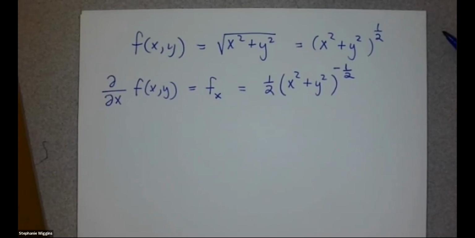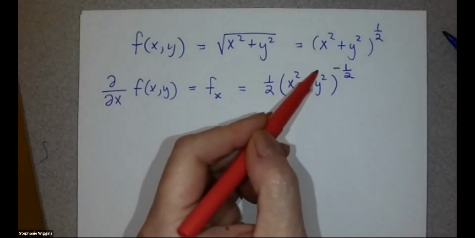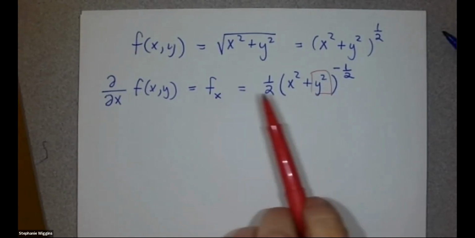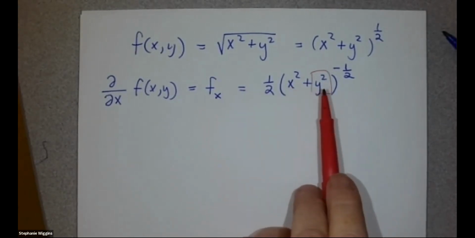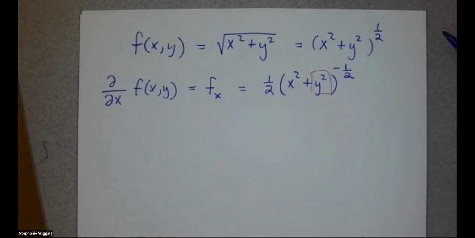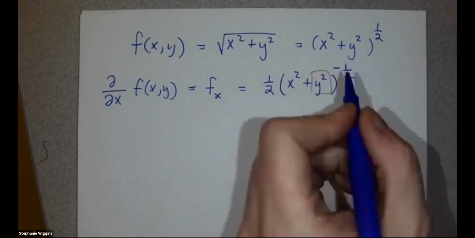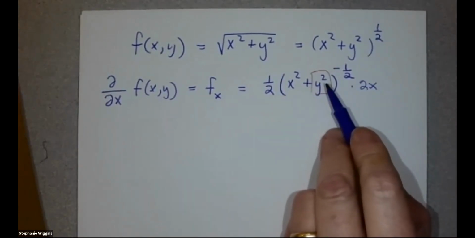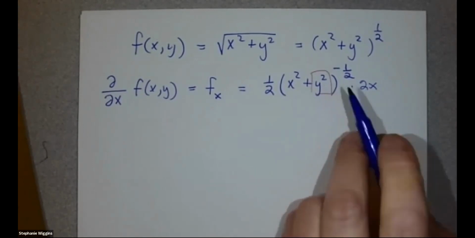But I'm treating y squared as a constant because I'm differentiating with respect to x. So the derivative with respect to x of x squared is 2x, so I'm going to multiply by 2x. But the derivative with respect to x of y squared is 0, because this is treated like a constant.